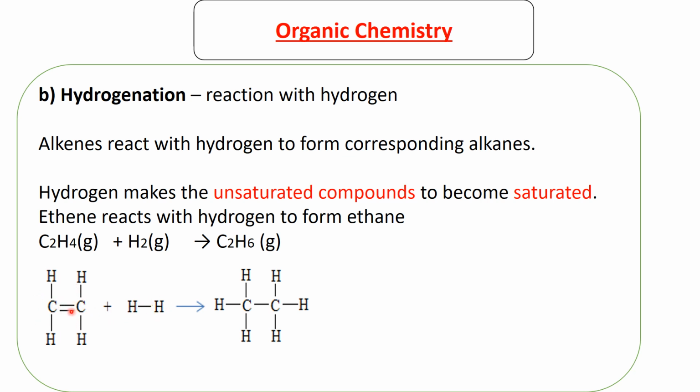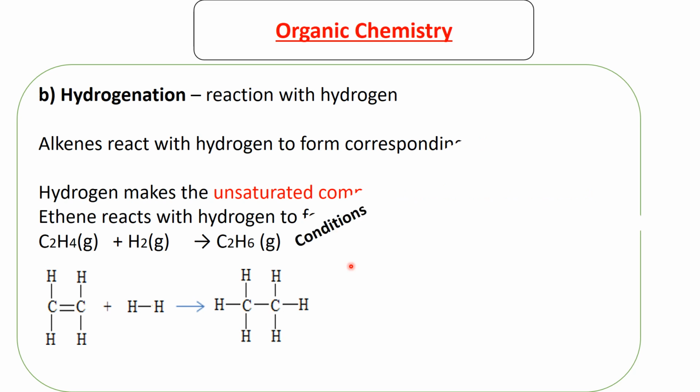The bond here is going to be broken and two new bonds are going to be formed to accommodate the two hydrogen atoms, and this is ethane. So it is now saturated. The conditions for this reaction are a temperature of about 200 degrees Celsius. The catalyst should be nickel metal.